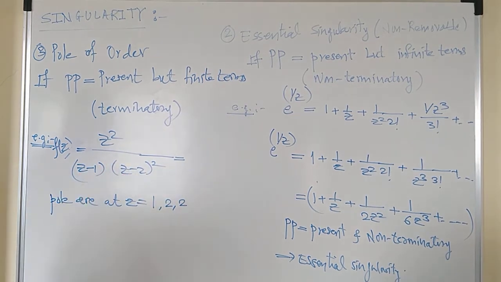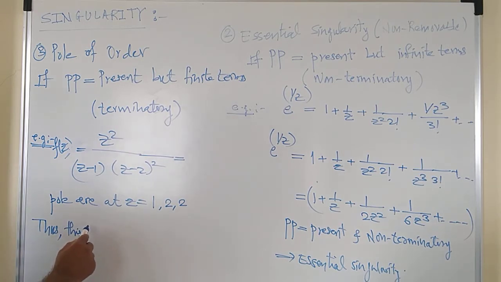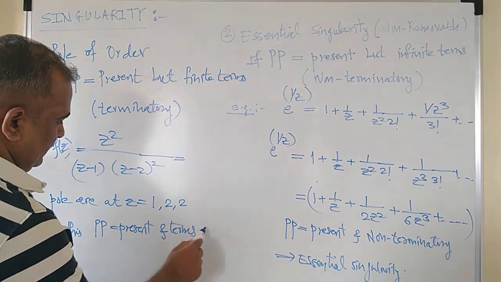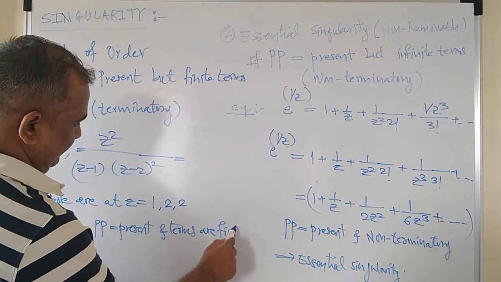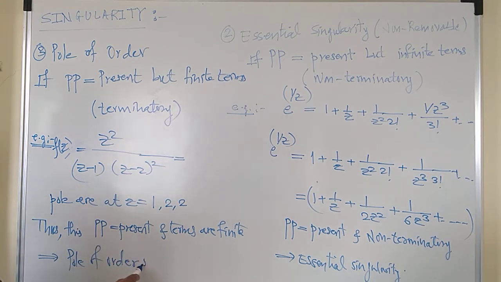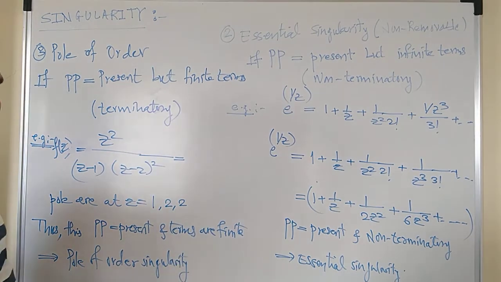So I can say that in this kind of example, the principal part is present and the terms are finite, and therefore this kind of singularity is called a pole of order singularity, right?